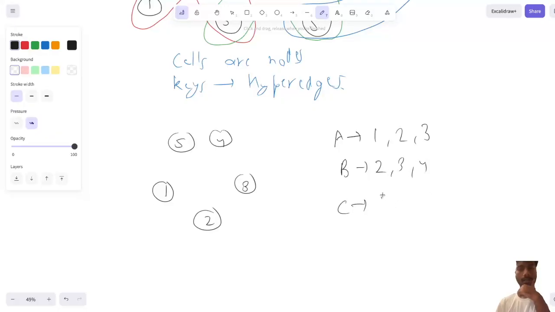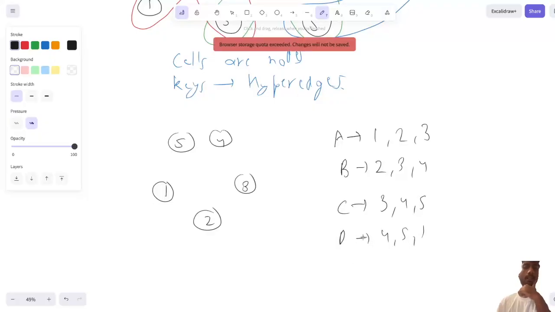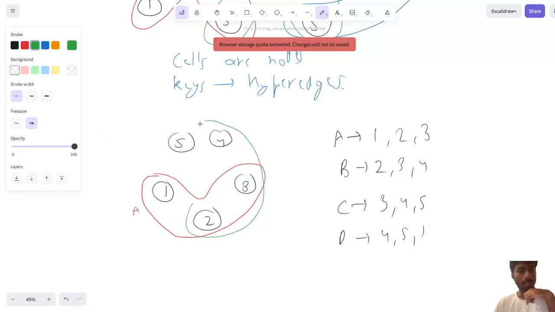C hashes to 3, 4, 5. D hashes to 4, 5 and 1. So let's color them up, shall we? 1, 2, 3, then 2, 3, 4 for B, and C, then D.